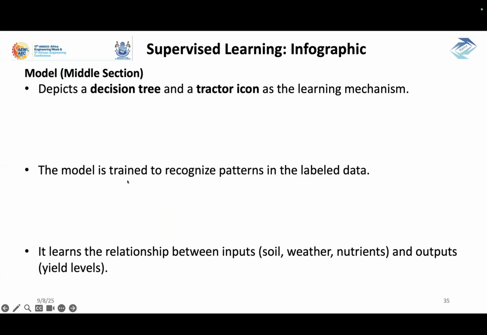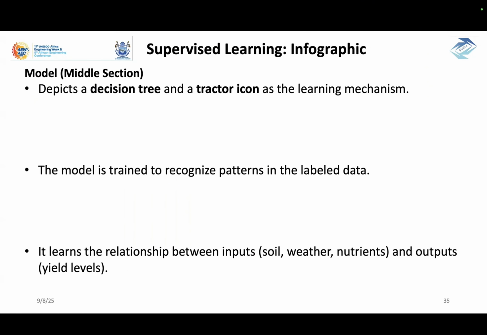The model is trained to recognize patterns in the labeled data. It learns the relationship between the inputs, which is on the left, your soil information, your weather, your nutrients, and your output, which is the yield level. That's what the model is doing. That's what's called modeling.